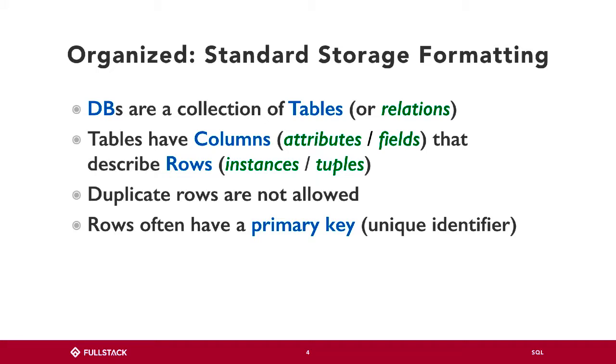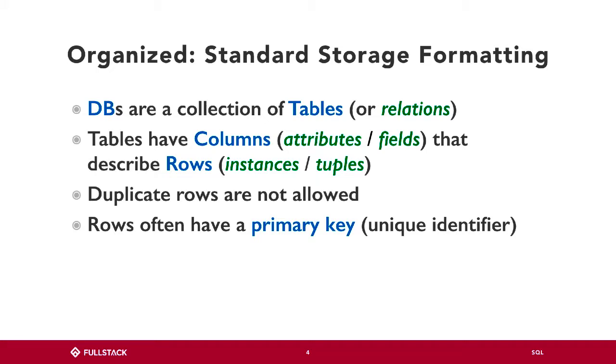So data in SQL is organized. Your database itself is going to be a collection of tables. Now, some of these terms mean the same thing. What is that? Synonyms. Yeah, synonymous. Very good. Some of these terms are synonymous. So sometimes tables are called relations.